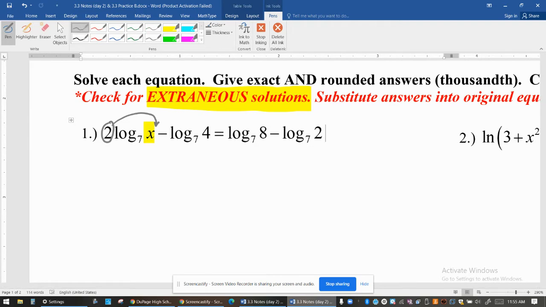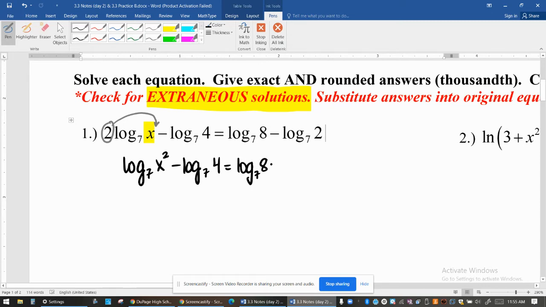Anytime you see a coefficient in front of a log, that used to be an exponent, so I'm going to move that first. Then I'll do the step of condensing. You have to find your own style of how you like to simplify these. I'm just going to do it step by step so I don't lose anyone.